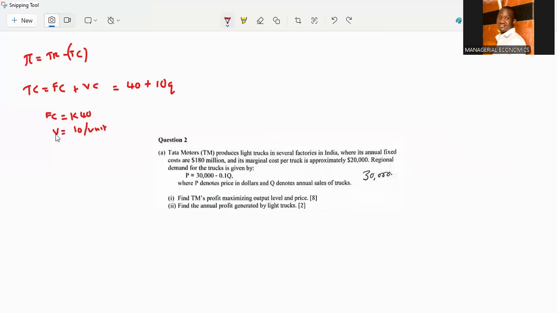And suppose we're given the price function as 100 minus 5Q.